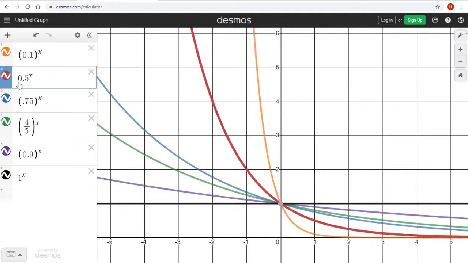Then 0.5 to the x, we have seen that in our initial graph with the table, and now here it is together with the other graphs. It's a one-way graph going down from the left to the right, and it passes through the y-axis at 0, 1. And the same with the blue graph right here, and the same with the green graph. These graphs are all going through that point 0, 1.